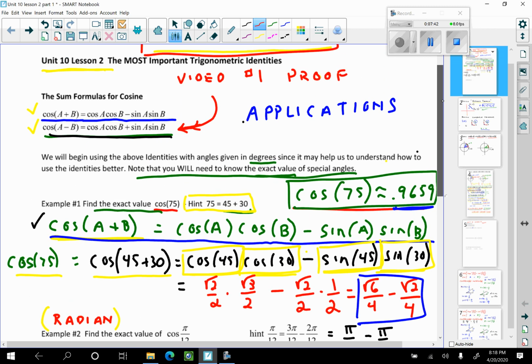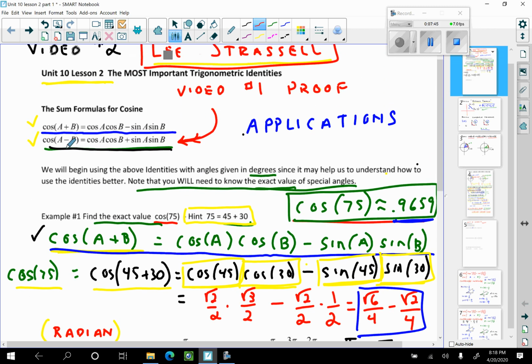If you're taking the cosine of the difference of two angles, you're going to add the product of the cosines and the product of the sines. So the cosine of A minus B is cosine of A, cosine of B, plus sine of A, sine of B. And this is what we proved yesterday. The other formula was given without proof.